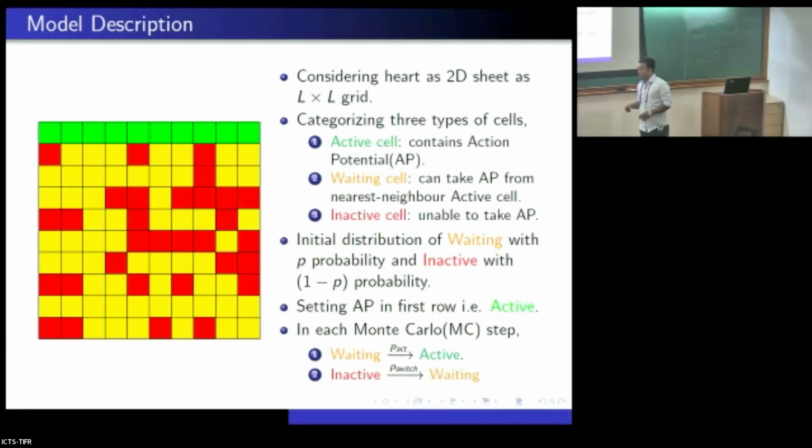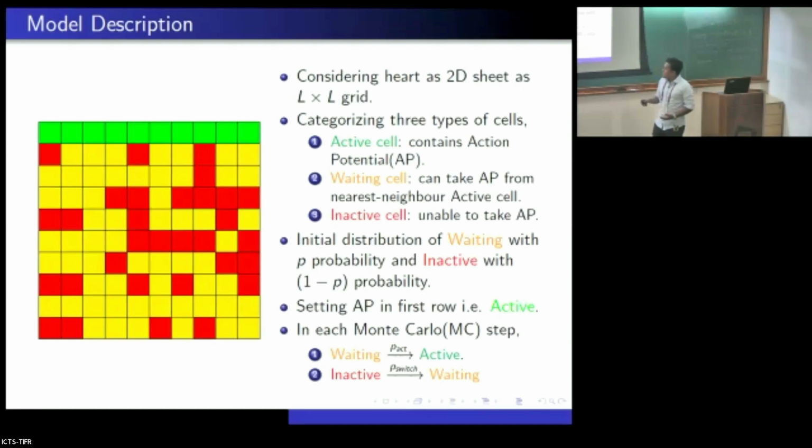Suppose P act is 1, that means the system is 100% efficient in taking the action potential from other cells. If we reduce the P act value, we are introducing some inhibition into our system, like it's not generating with 100% efficiency.